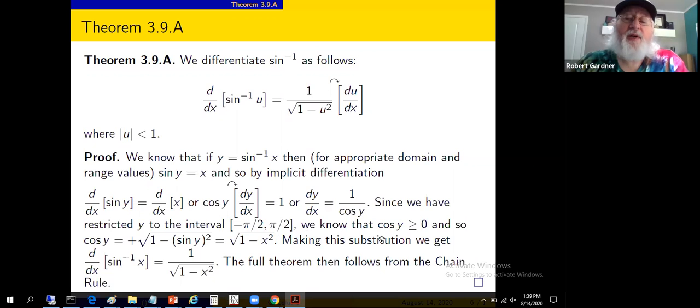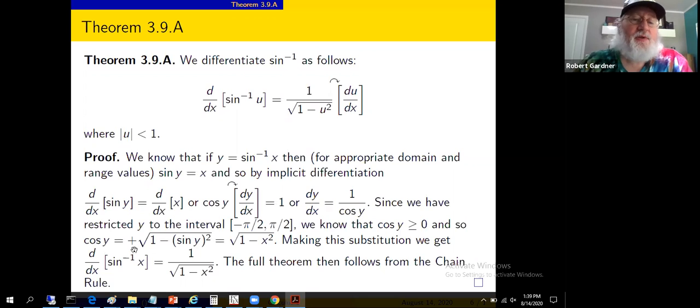Pause the video and go look up a graph of a cosine function. Yeah, the cosine will be greater than 0. Also, if we take the Pythagorean theorem, cosine squared plus sine squared equals 1, and solve it for cosine y, we'll get cosine y equals plus or minus the square root of 1 minus sine squared, but we know it's not the negative for these values of the angle because the cosine function is greater than or equal to 0.